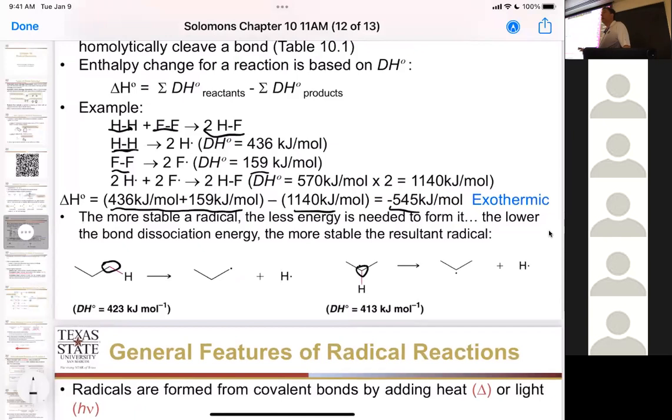In carbocations, it's like 50, 60 kilojoules. Here, we're only looking at 10 kilojoules difference between the primary and the secondary radical. So that's why we can make those methyls and primaries and secondaries, because the energy difference is not that great. Okay. So how can we use these for fun, right?